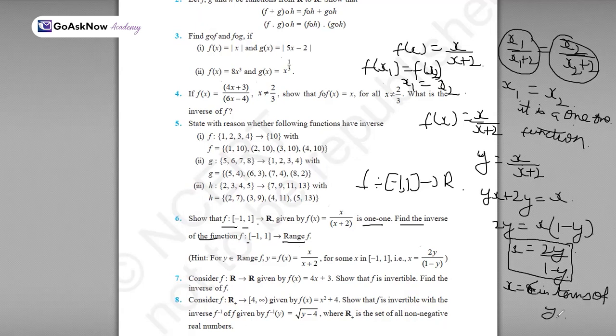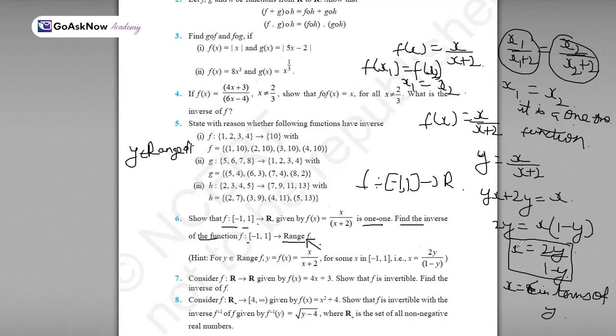So here this function is your inverse function, x is equal to 2y by 1 minus y, and here y belongs to the range of f. And your domain will be what?